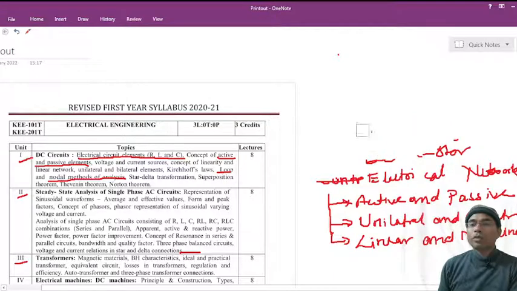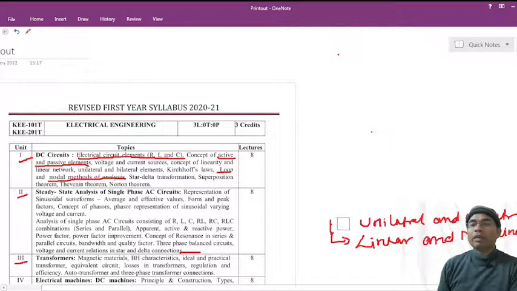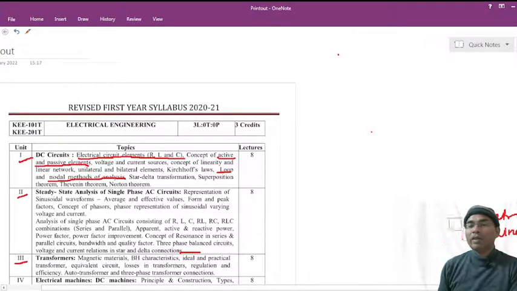Now come to the second unit. Unit 2 belongs totally to the AC source and AC circuit analysis. AC here means single phase AC.